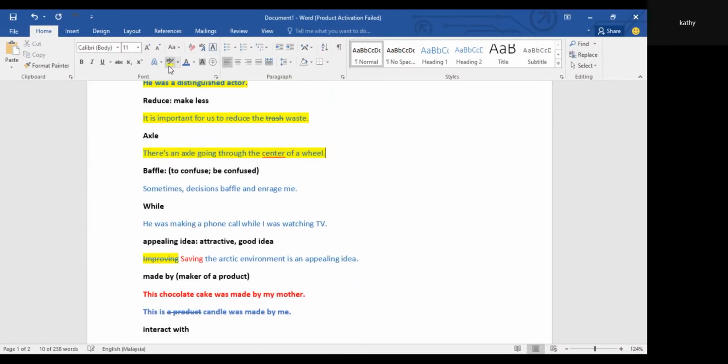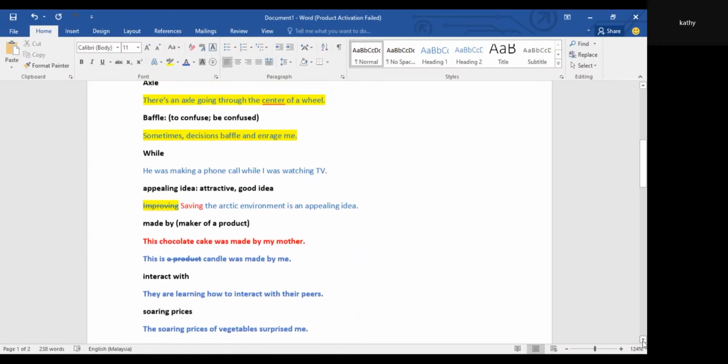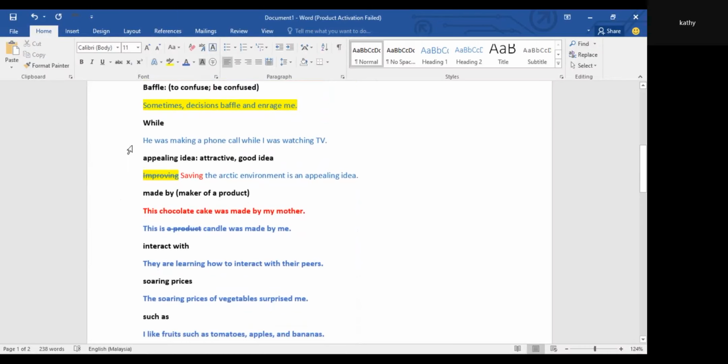Sometimes decisions baffle and enrage me. He was making a phone call while I was watching TV. Saving the Arctic environment is an appealing idea. This chocolate cake was made by my mother.